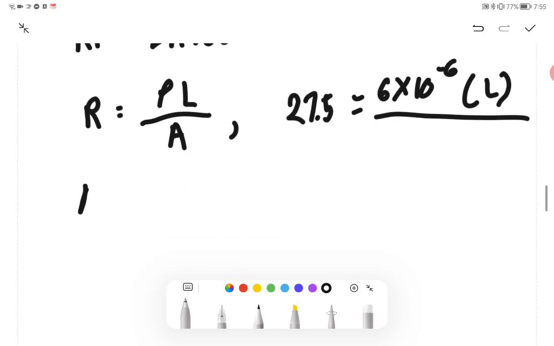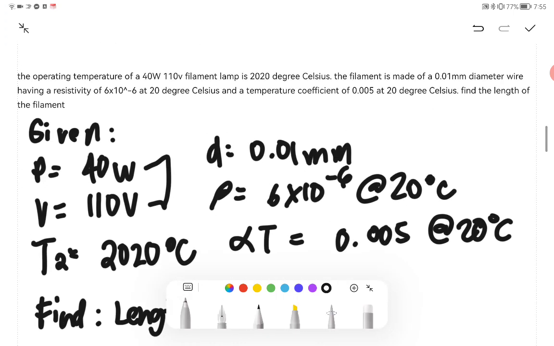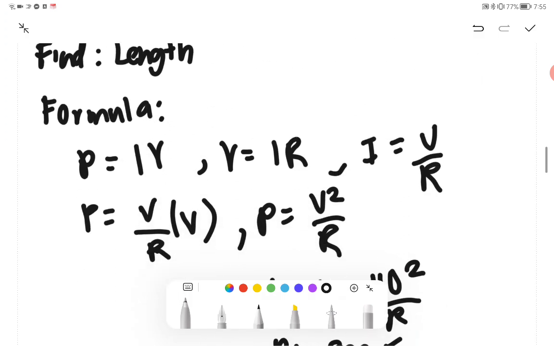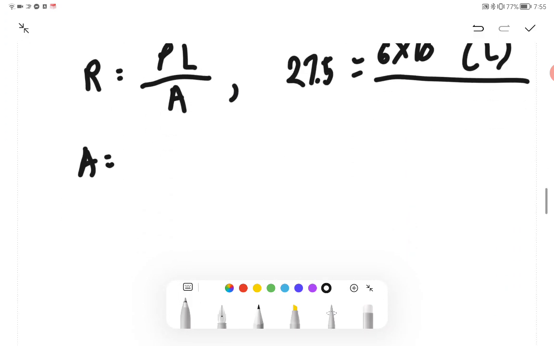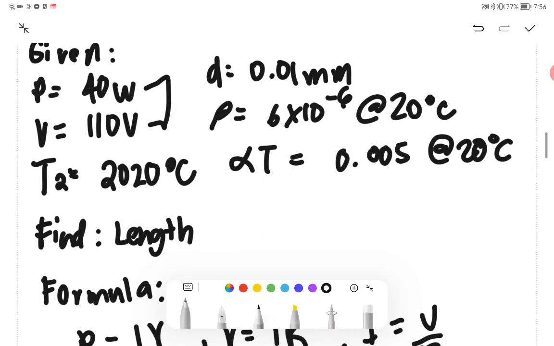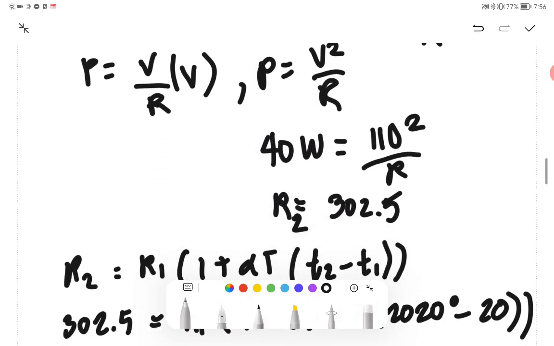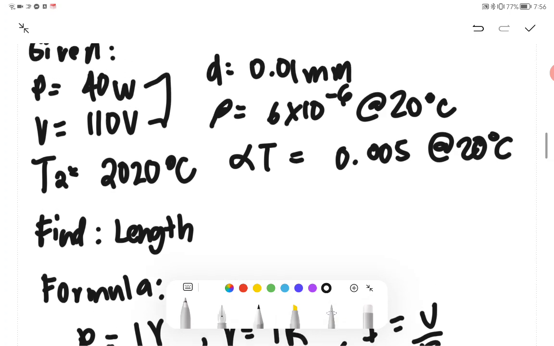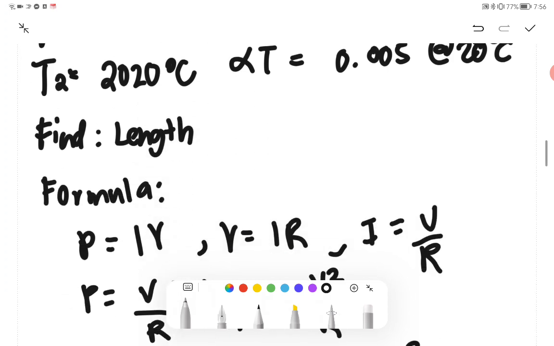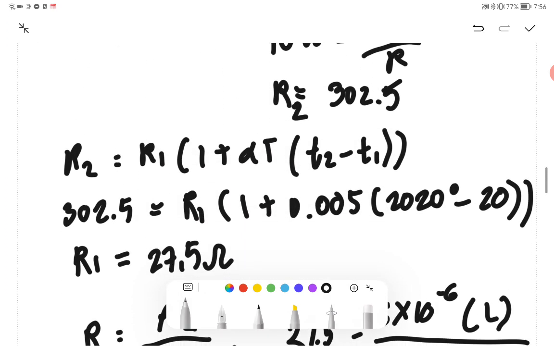What is the area? The area of a wire. The wire is a circular area, which is equivalent to pi over 4 d squared. Our diameter is in millimeter. We have to make it in centimeter, right?